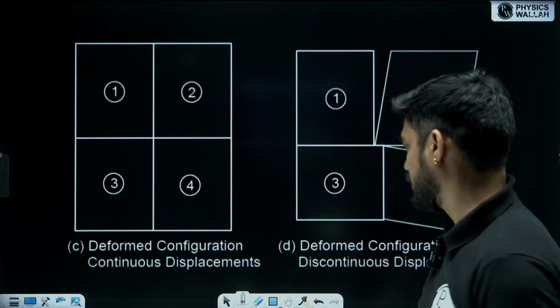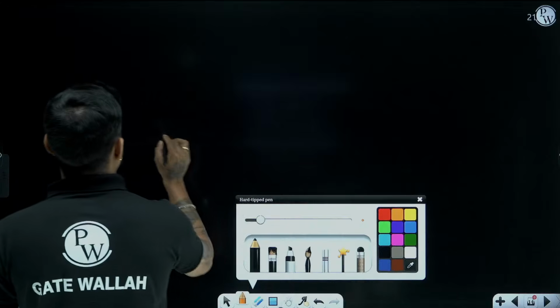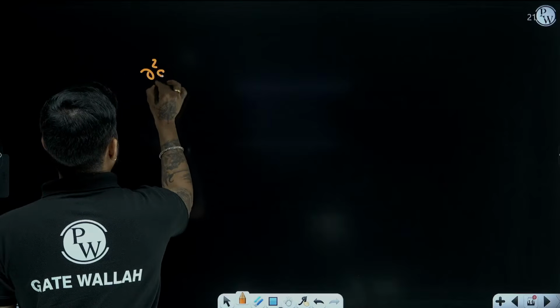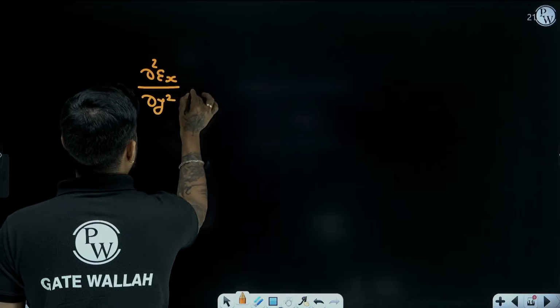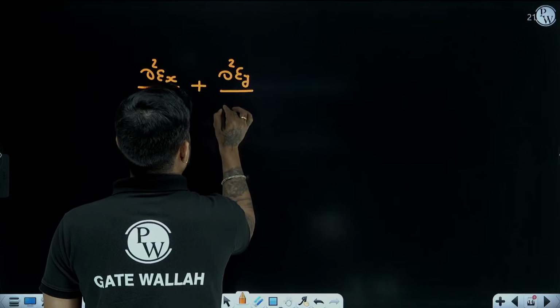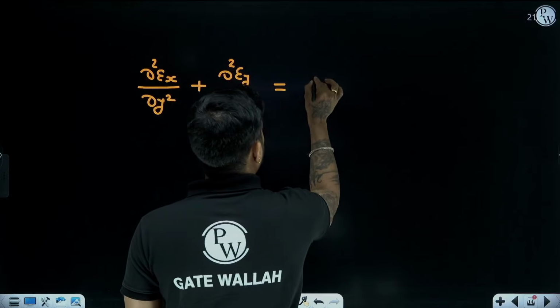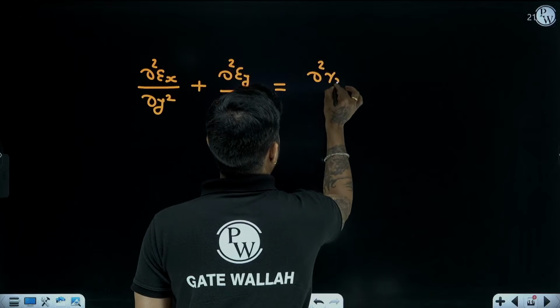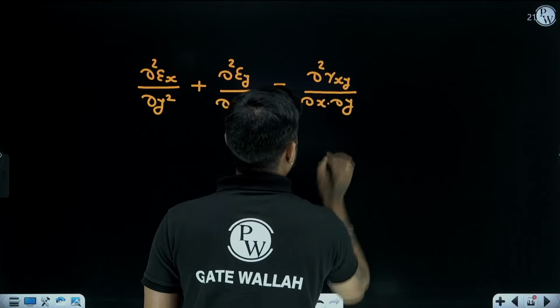That equation is written as dou square epsilon x by dou y square plus dou square epsilon y by dou x square equal to dou square gamma xy by dou x dou y.